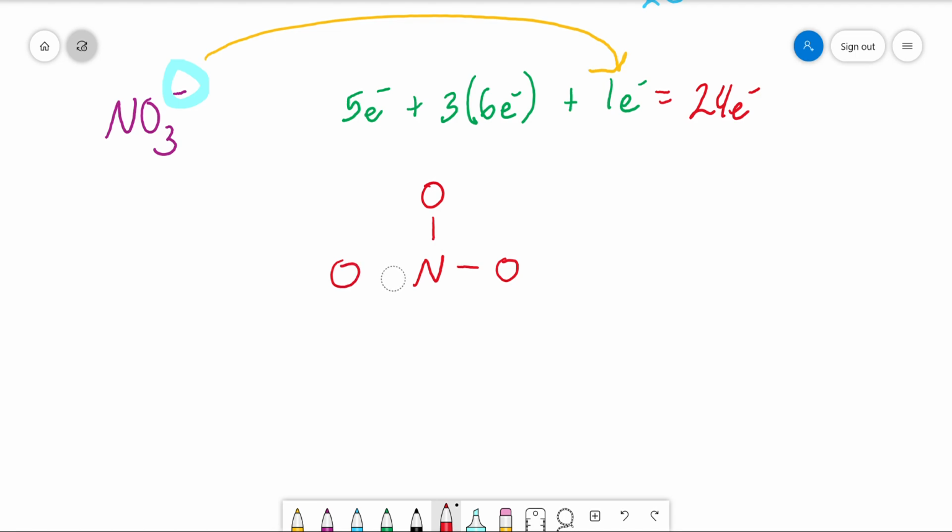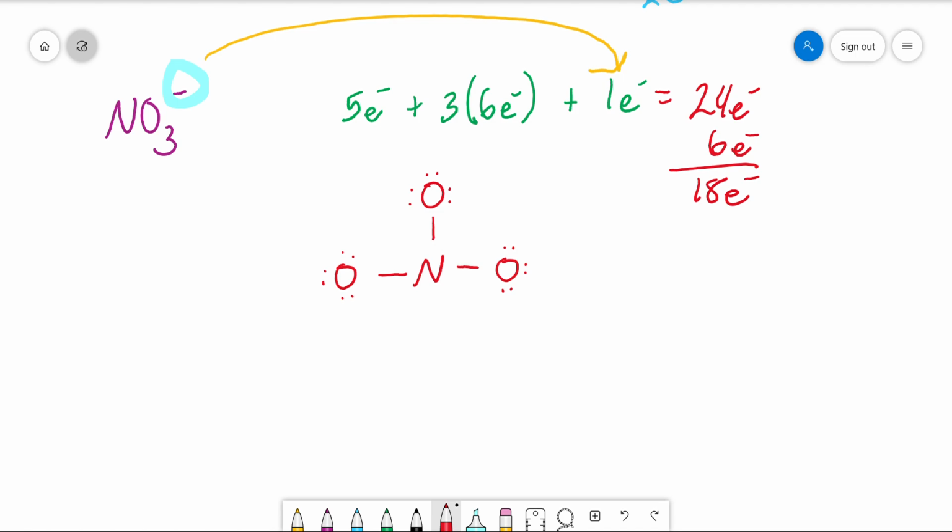Some people always want to know why you put them where you put them. It's just arbitrary. So 2, 4, 6 electrons used. That leaves me with 18 electrons to distribute. 2, 4, 6, 8, 10, 12, 14, 16, and 18.